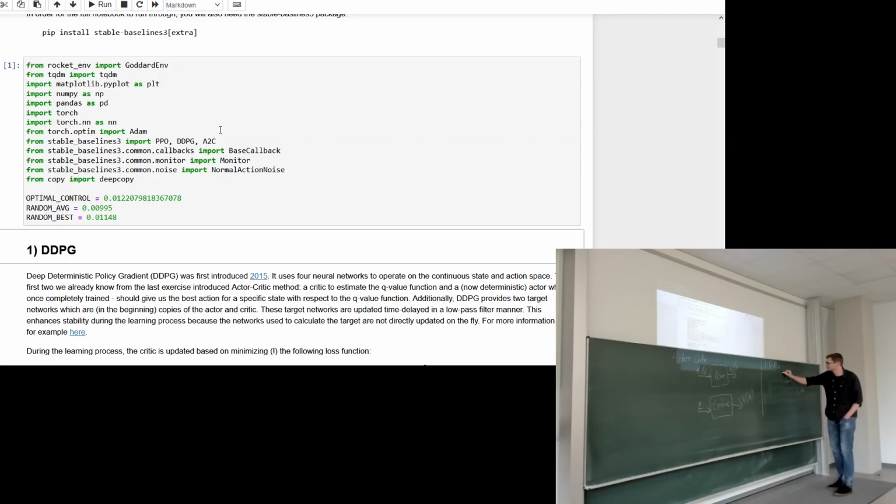Only in this case, the critic will output the action value function, so Q of X and U. So it needs the information from the actor, which will be U, the action that we're going to take, and of course, in both cases, the state or observation X. Yeah?